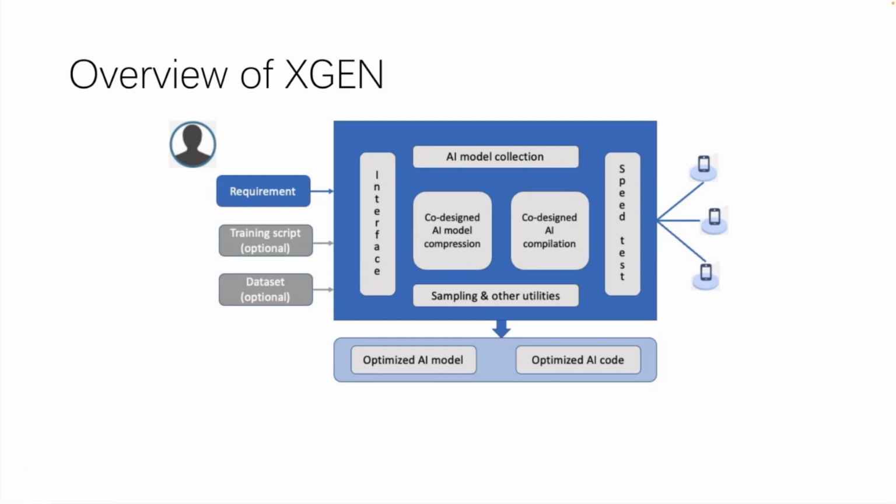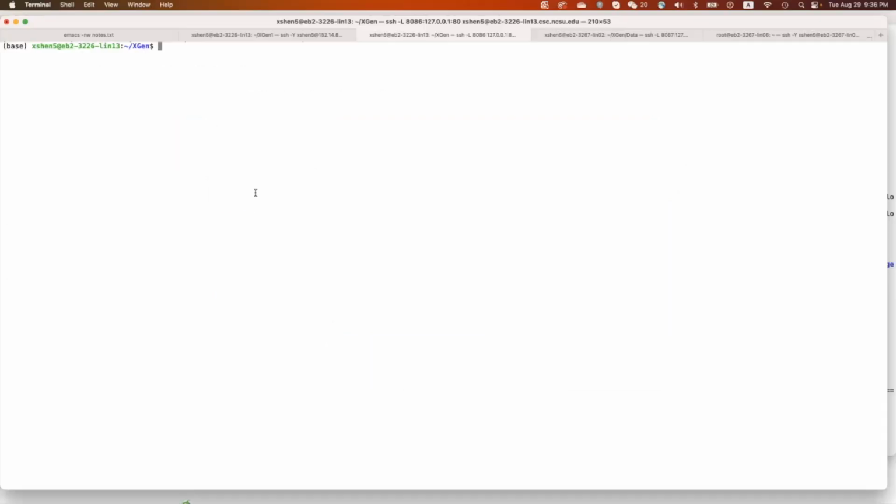Now, with this overview done, we are ready to look at how XGen could be installed and used. Now, this is a terminal. It's actually a remote terminal on the GPU machine.